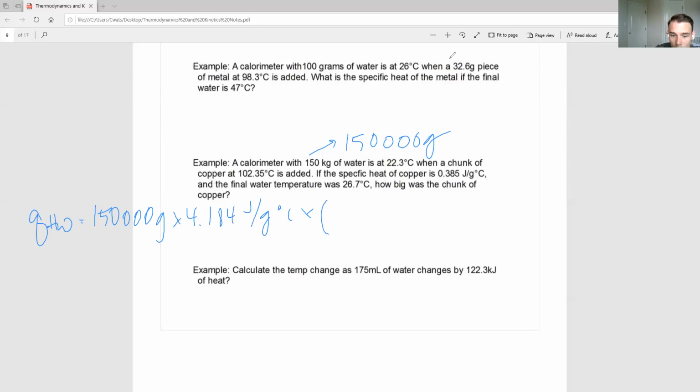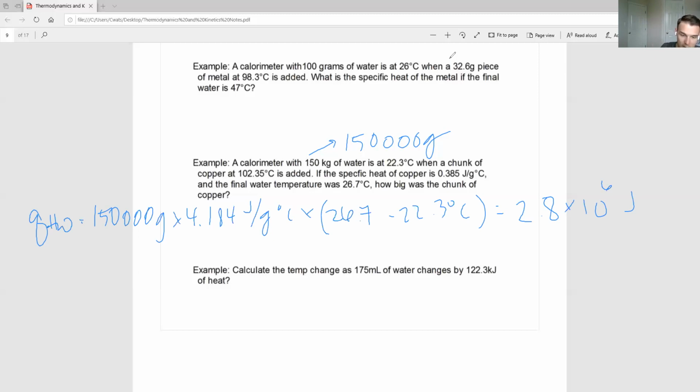So the final water temperature says 26.7 minus my initial, which was 22.3 degrees Celsius. When I do this math with the correct number of sig figs, my Q for the water is 2.8 times 10 to the 6th joules. So that's a big number.